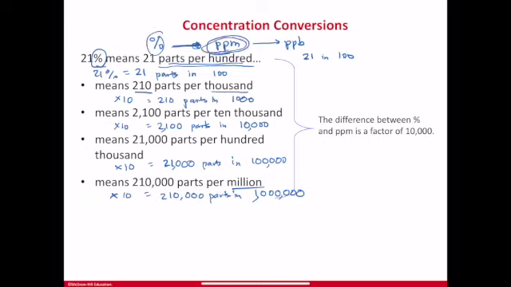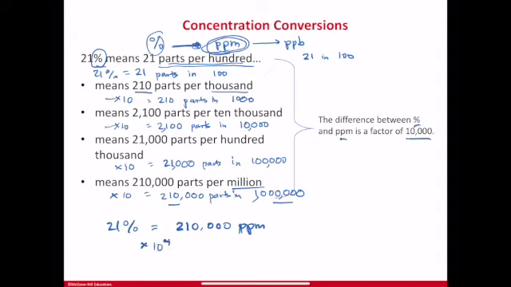Okay, if we could continue on to parts per billion by just multiplying by 10 and 10 on both the parts and the total, but this is 21% is equal to 210,000 ppm, parts per million. So the difference between the percent and parts per million is a factor of 10,000. This is times 10 to the 4.